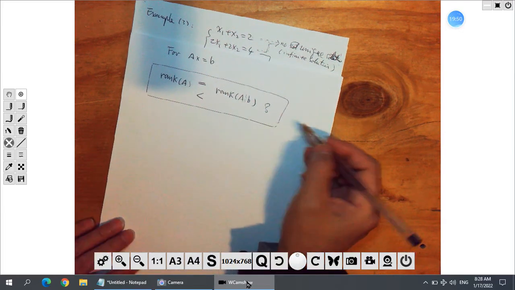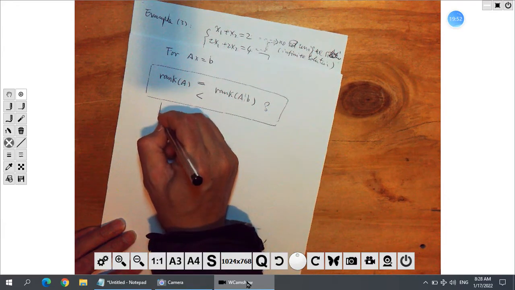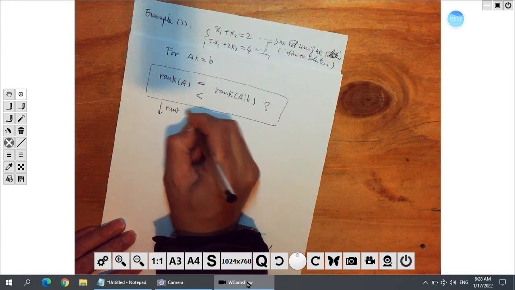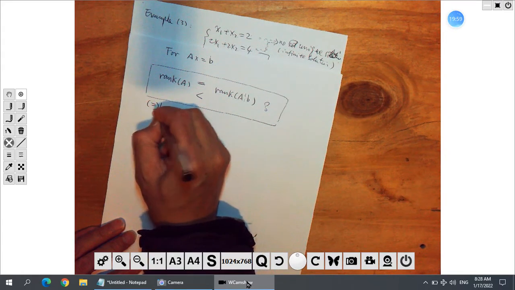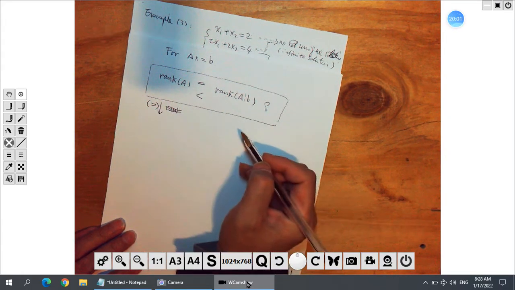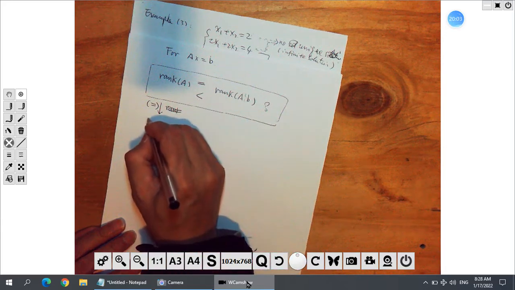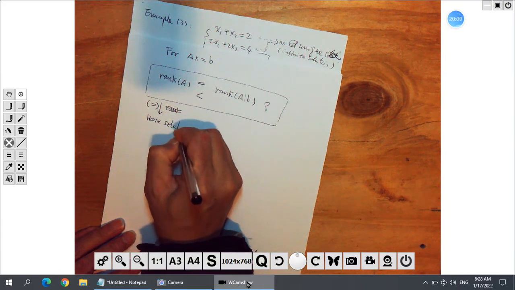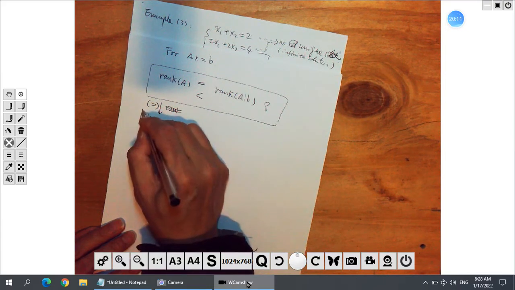If the ranks are equal, if they are the same, we have solution.